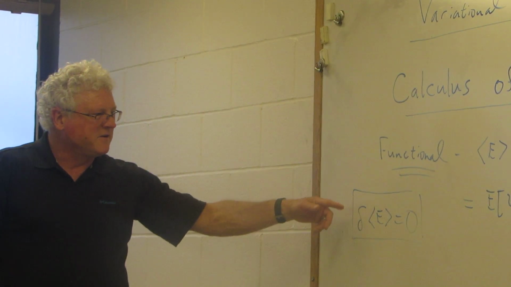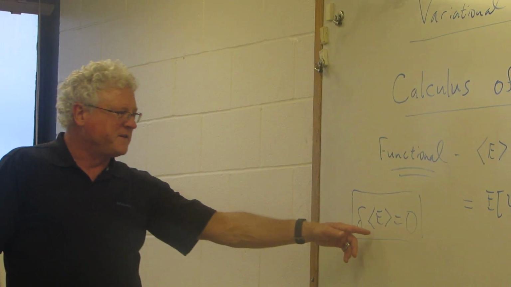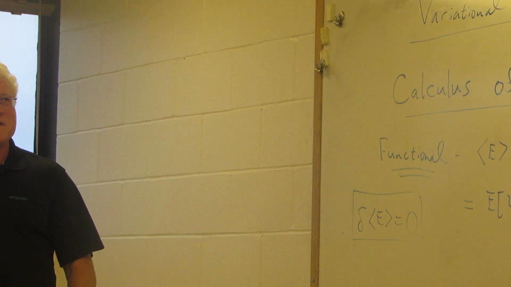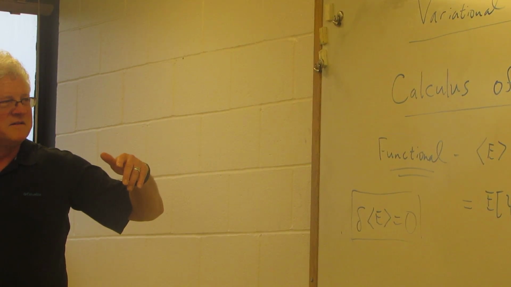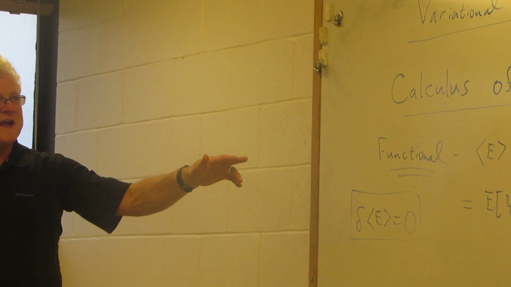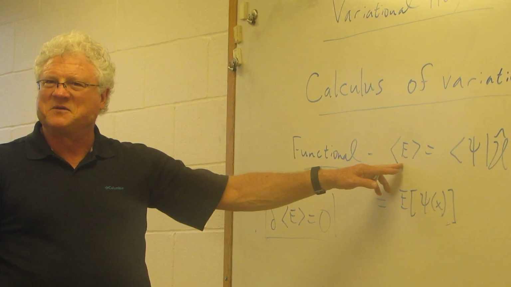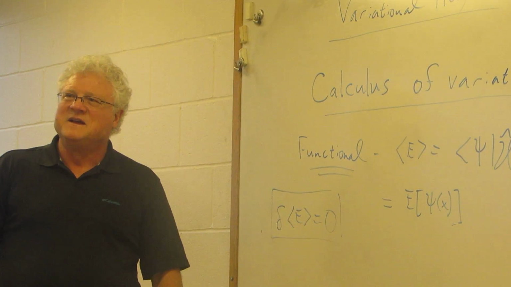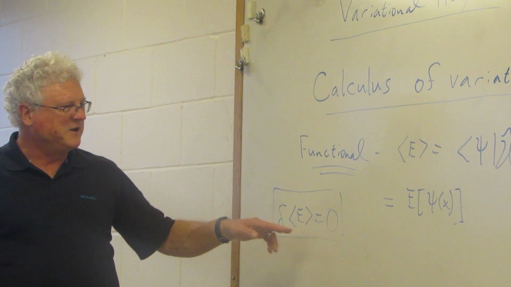But the idea here is that if I take a reasonable guess, such that this guy is minimized, there was a theorem that somebody came up with, I can't remember who, that the ground state energy will always be less than or equal to whatever this expectation value is. In other words, the variational principle is that the ground state energy can never be greater.